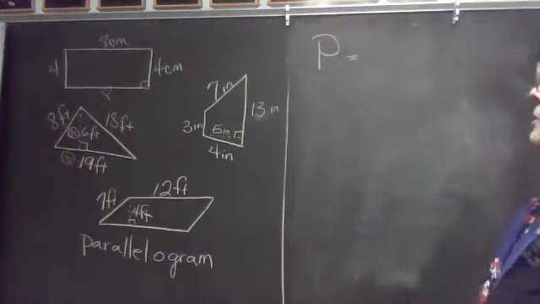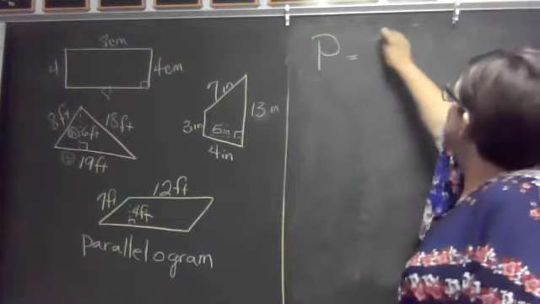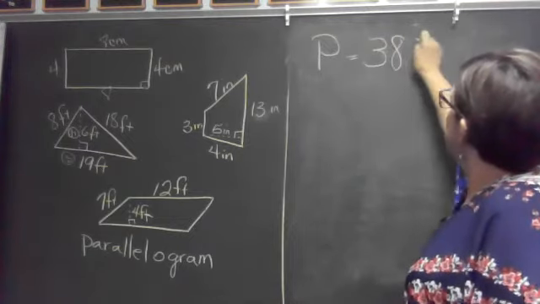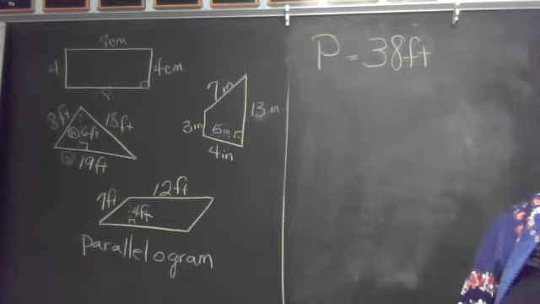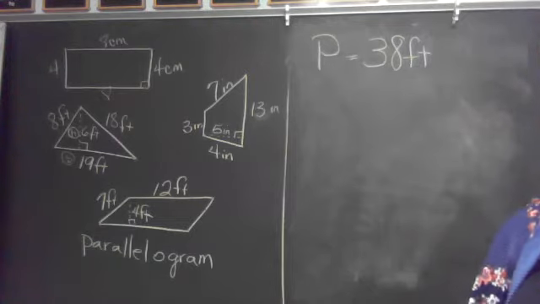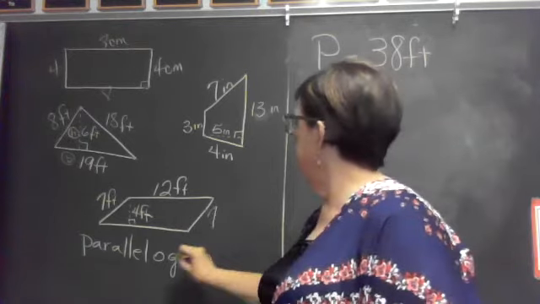I need the perimeter. Which should be 38. 7 plus 12 plus 7 plus 12. We have to go all the way around.